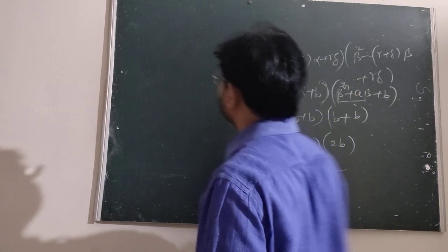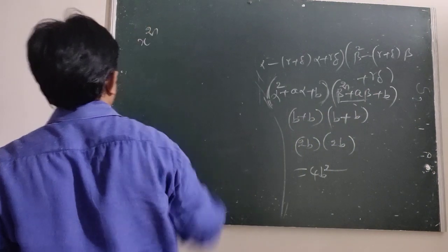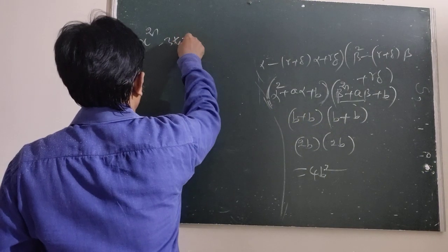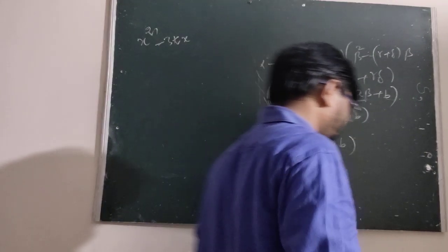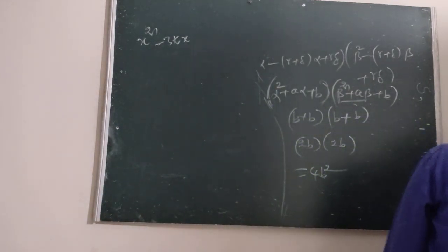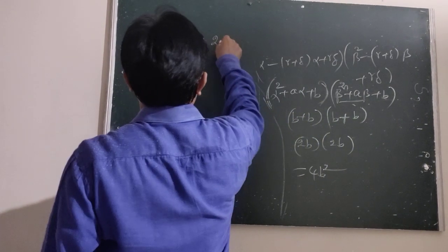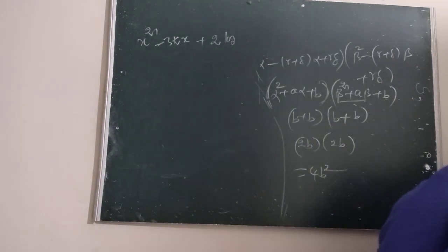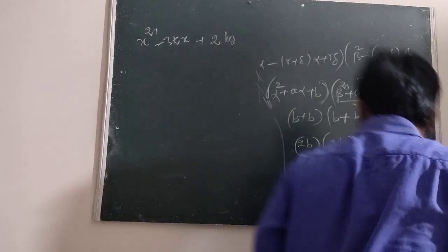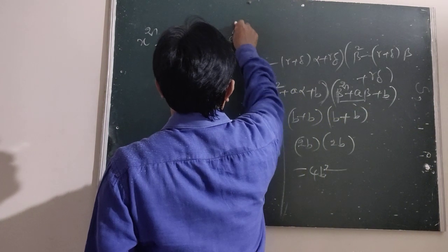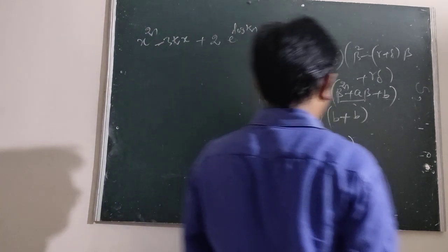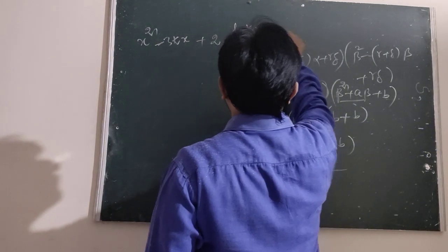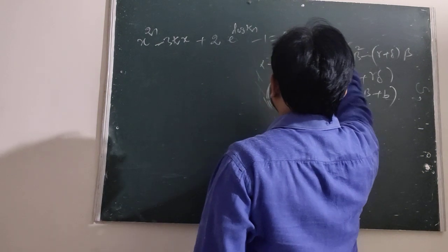Product of the roots of x square minus 3kx plus 2 into e power log k minus 1 is 7.